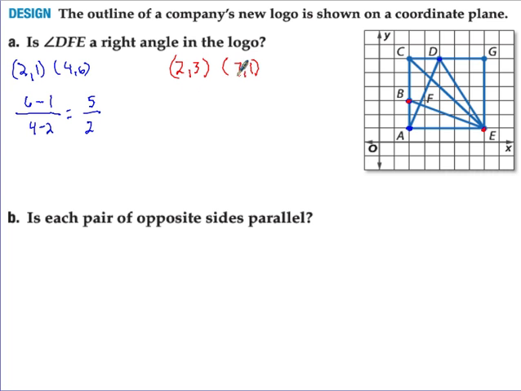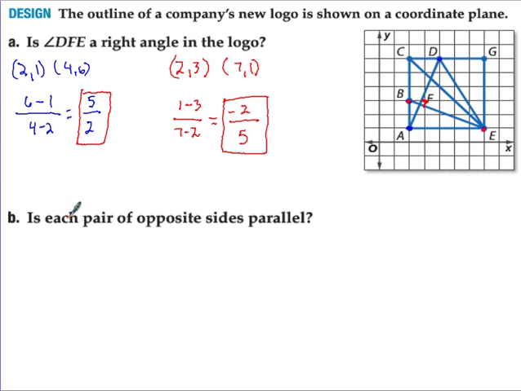Okay, so using the same formula now, we would do 1 minus 3 over 7 minus 2. 1 minus 3 is negative 2, and 7 minus 2 is 5. So look at the two slopes that we've just figured out, and answer the question: is it a right angle? I think you can see that it is a right angle because we have a slope of 5 over 2, and then we have a negative reciprocal, negative 2 over 5. And so the slopes prove to us that this is a right angle.